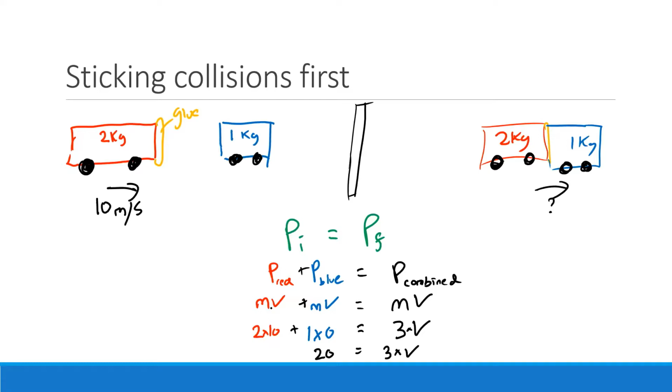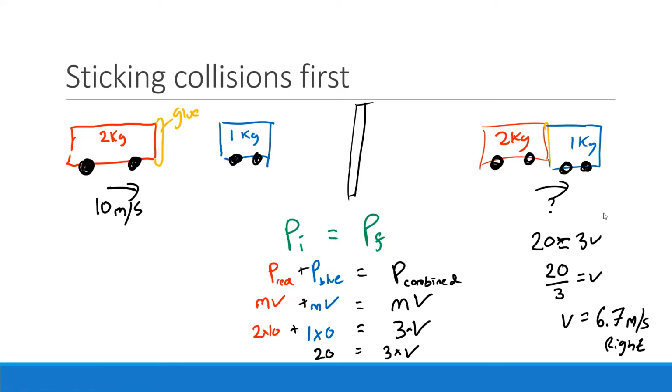That means that 20 equals 3v. If 20 equals 3v, then 20 divided by 3 equals v. V is going to equal 20 divided by 3, which is about 6.6. So we're going to call this 6.7 meters per second to the right. And that is our final speed.